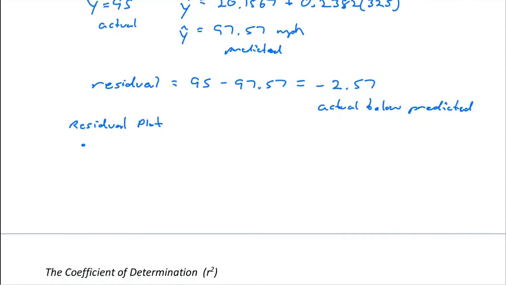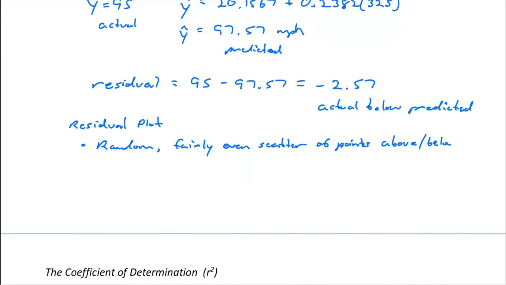When we look at the residual plots, if we want to know whether or not it was a good fit, we want a random, fairly even scatter of points above and below y equals 0.